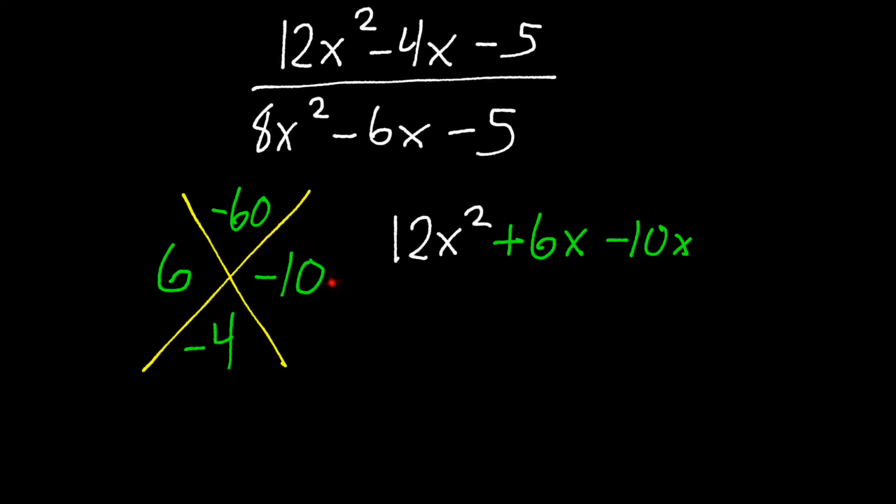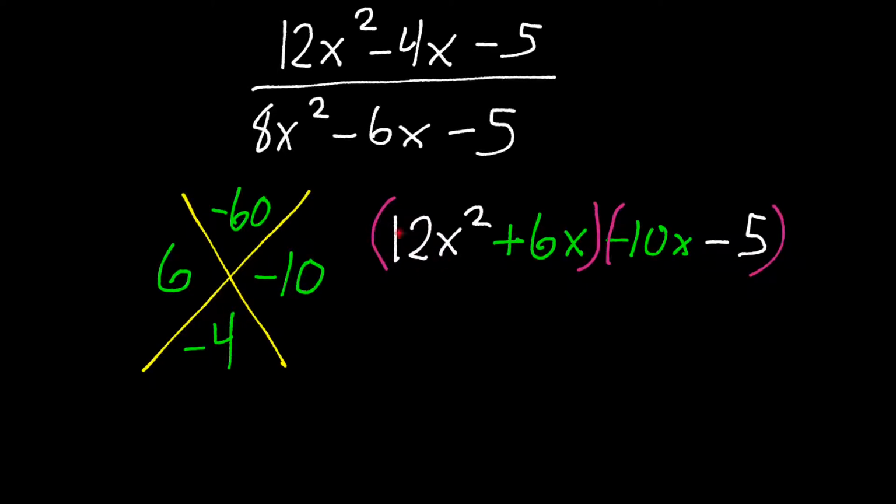We got the minus 10 from here and put an x term on it as well, because 6x and negative 10x, if we were to combine them, gave us that negative 4. And then we have our minus 5 for the end. Now, this may look like we've made it more complicated, but what's going to happen here is we're going to split this into two pieces. And we need to factor out what we can from both of them.